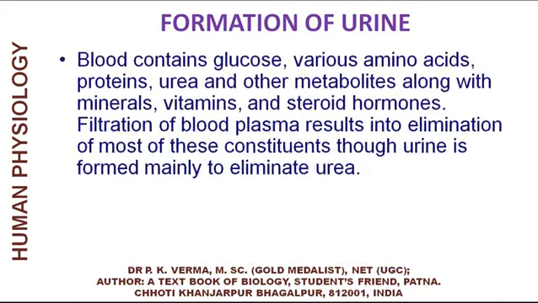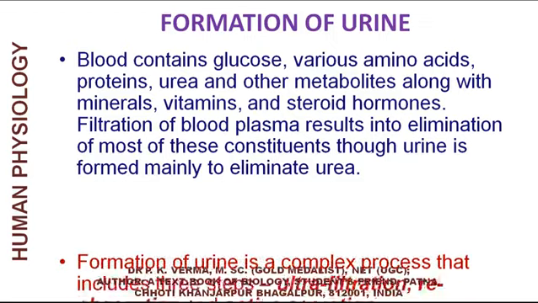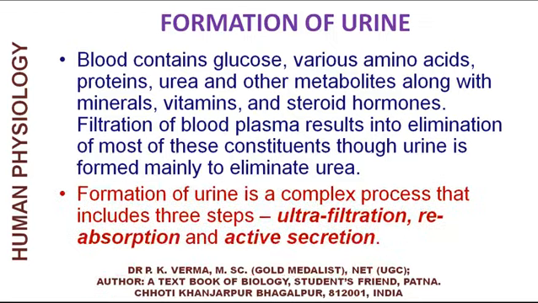Filtration of blood plasma results into elimination of most of these constituents, though urine is formed mainly to eliminate urea. Formation of urine is a complex process that includes three steps: ultrafiltration, reabsorption, and active secretion.